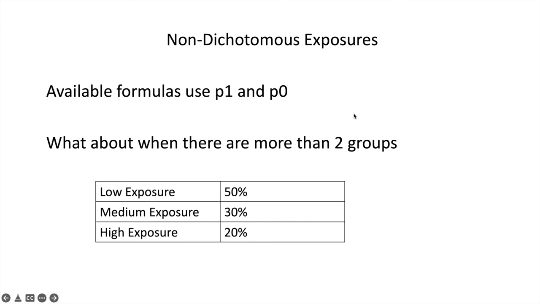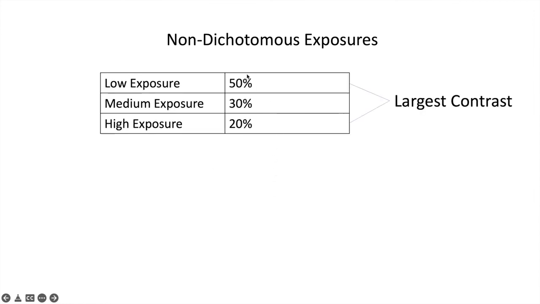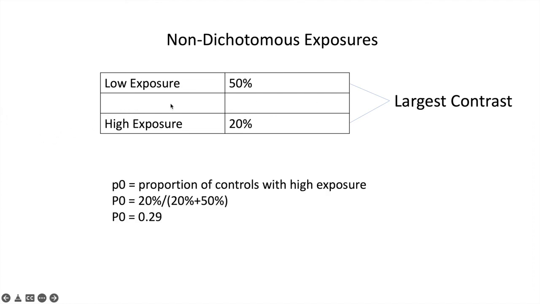Another situation that gets more complex is, say we have a 3-level exposure here that's not as evenly distributed. So we have 50% of people that are low exposure, 30% that are medium exposure, and 20% that are high exposure. Again, we're going to boil this 3 down into 2, and we're going to pick the largest contrast. So we're going to compare the 50% and 20% groups and pretend this medium one doesn't exist for now.